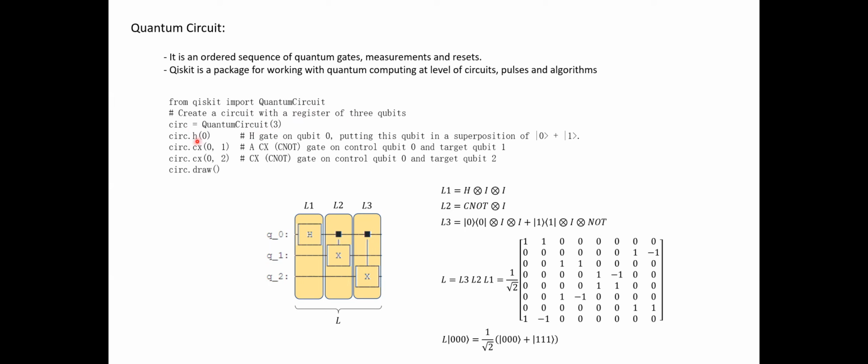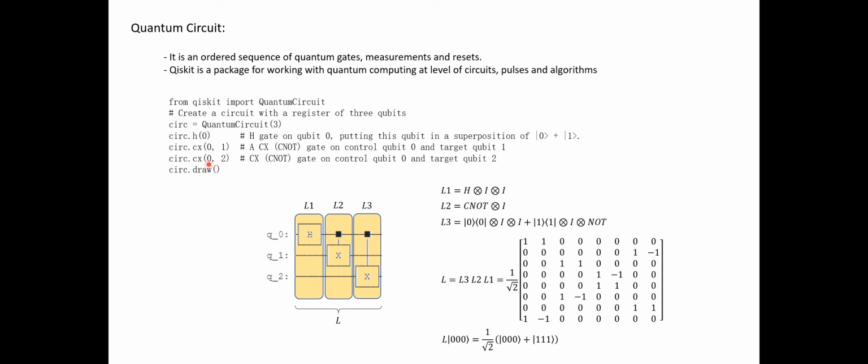Then I add the H gate on qubit 0, which is right here. Next to that, I add a control X gate, which is a CNOT from qubit 0 to qubit 1. So we have that operation in layer 2 right here.